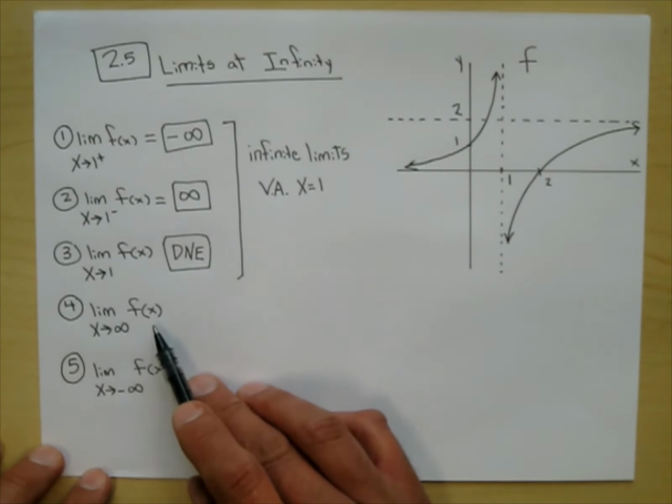Let's go ahead and find the limit of f as x approaches negative infinity. So now the bug is traveling on the graph toward negative infinity for x values, and he's getting closer and closer to the x-axis. And that has a y value of 0.